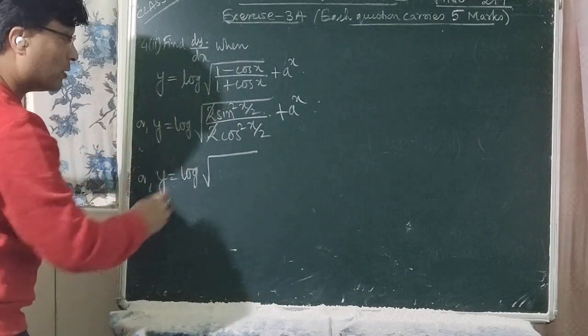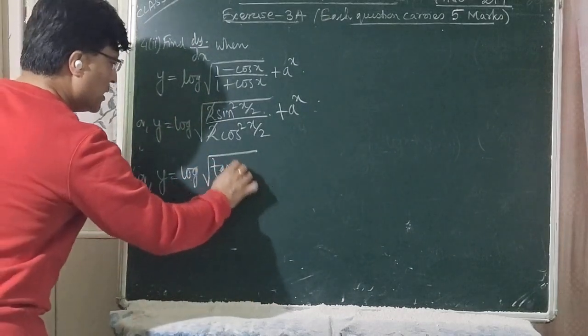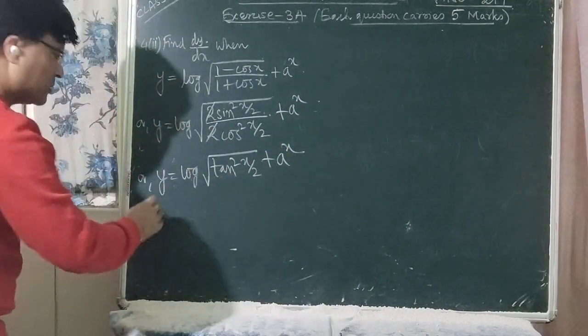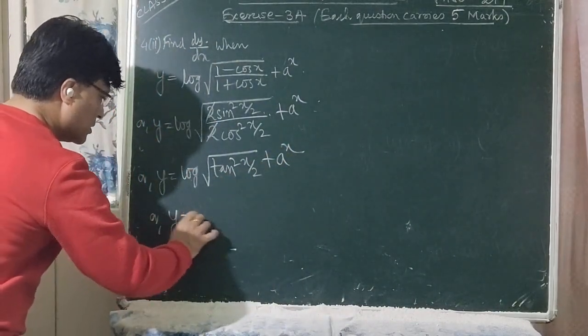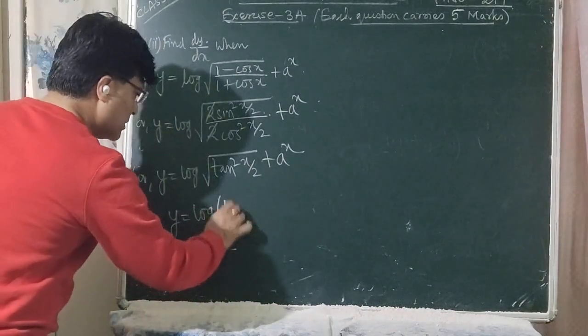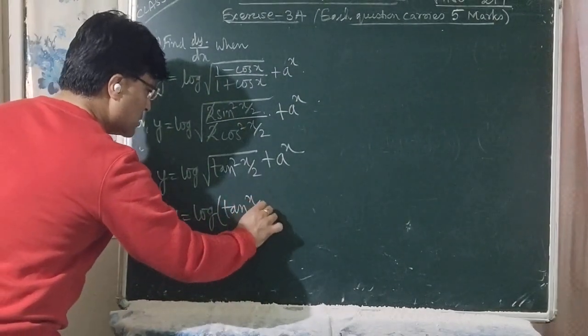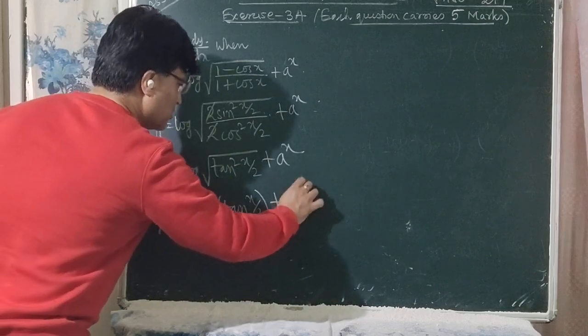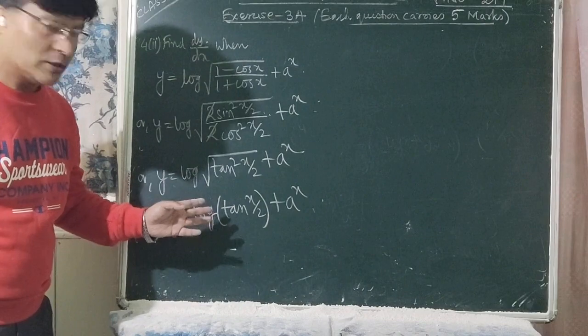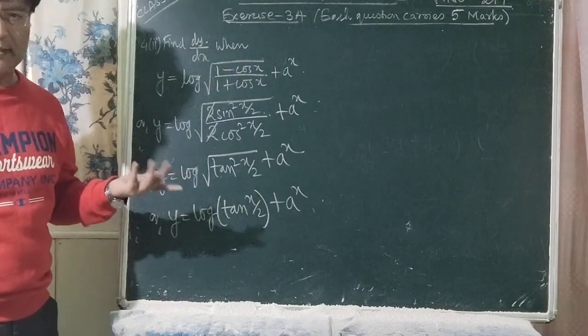What is sin square by cos square? It is tan square x by 2, plus a to the power x, or y is equal to log of, what is square root of tan square x by 2? That is only tan x by 2, plus a to the power x. So this is your simplified form. So you can easily differentiate it, isn't it?